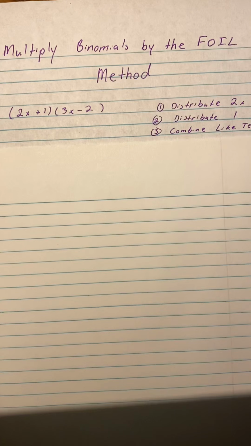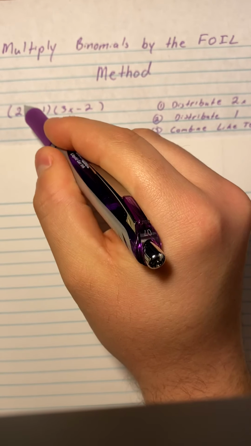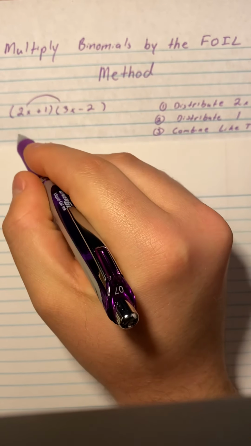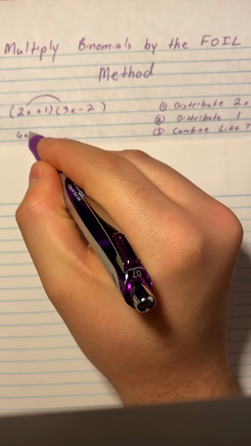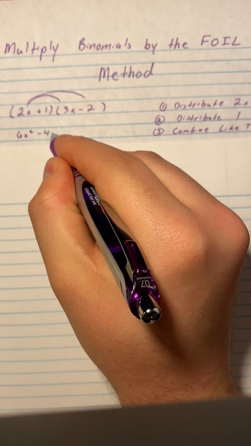If we had a problem that wanted us to multiply two binomials, something like 2x plus 1 times 3x minus 2, we could do that using the distributive property. The first thing we would do is distribute the 2x. So I would do 2x times 3x, which is 6x squared, and 2x times negative 2, which is negative 4x.